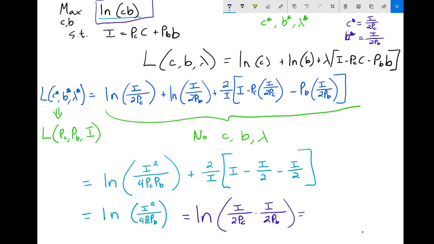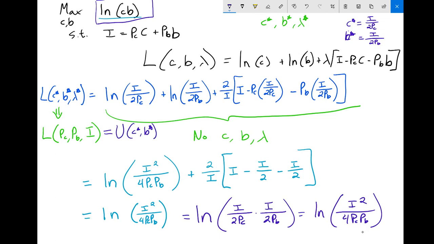You multiply that together, natural log of I squared over 4 PC PB. Okay, so what we see here is that when you plug the optimal values back into the Lagrangian function, what you're going to get is the exact same thing as if you had plugged the optimals directly back into the utility function.